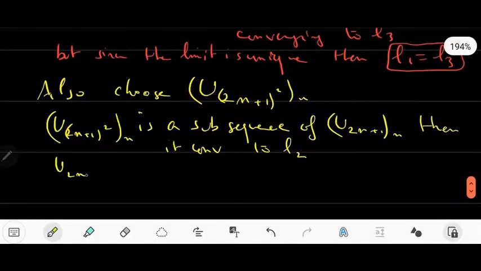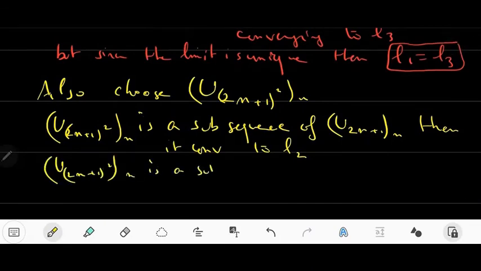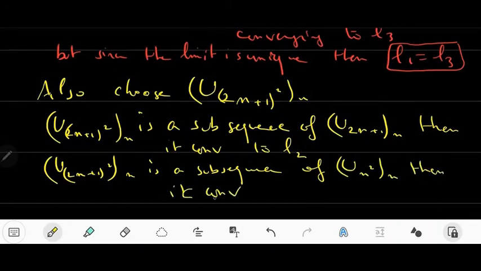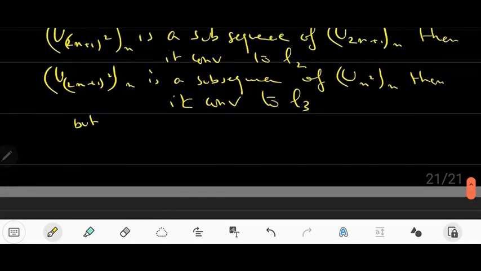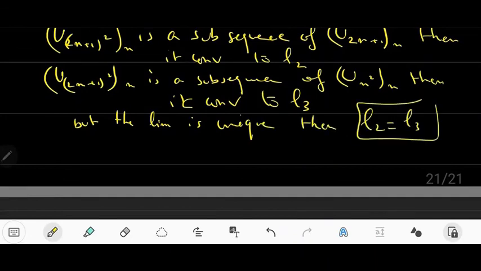Also, u_{(2n+1)²} is a subsequence of u_{n²}, then it converges to L3, but the limit is unique, then L2 equals L3. Therefore, we have L1 equal L2 equal L3.